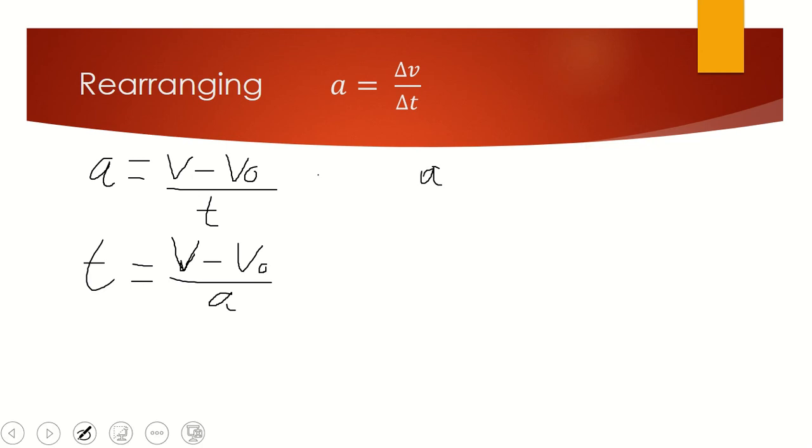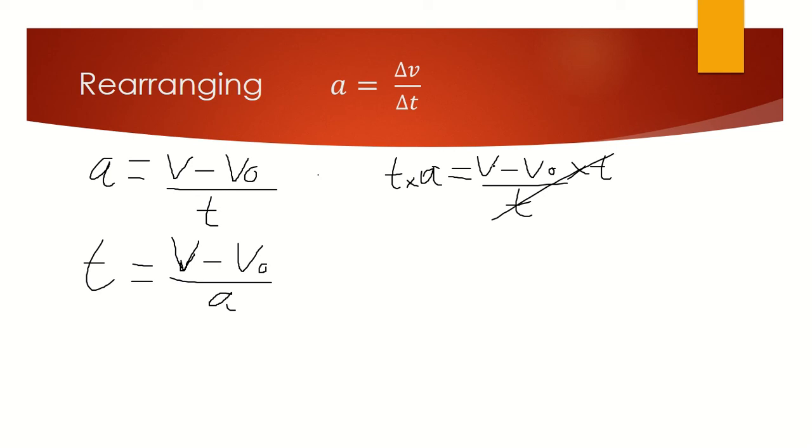If we have acceleration equals final speed take initial speed over time, times both sides by t, they'll cancel out and we'll be left with time times acceleration equals v take v naught. Lastly, we want to get v by itself, so if we want to remove v naught from this side of the equation, we can plus v naught to both sides.